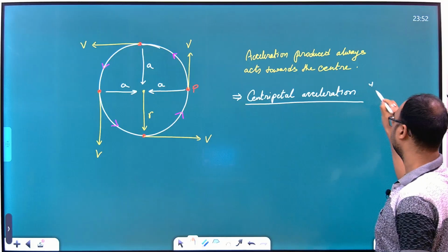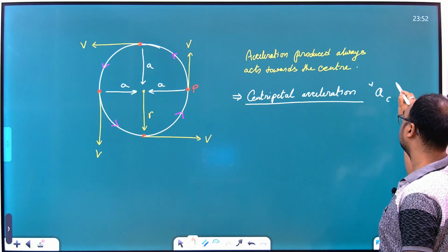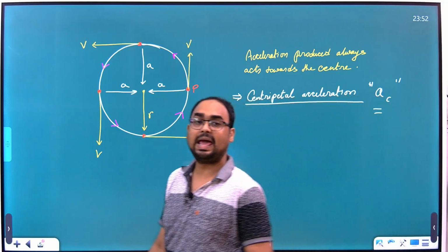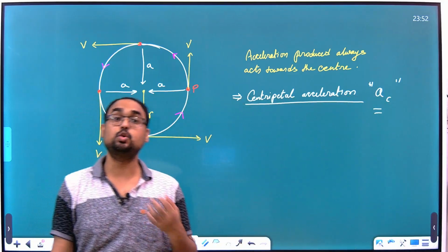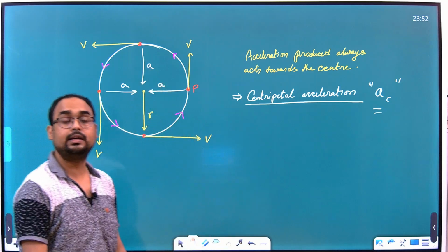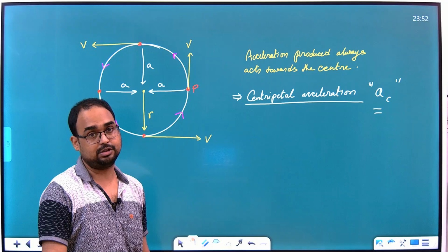We will use the abbreviation a subscript c. Centripetal means towards the center. Since the acceleration is acting towards the center, it is centripetal acceleration.